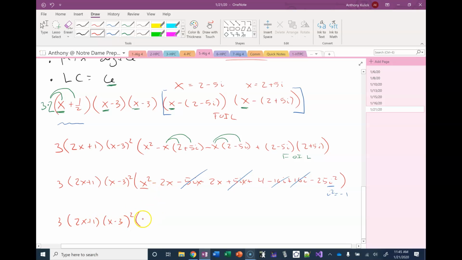So I have an x squared minus 4x, and then I have a 4 minus 25 times negative 1, which would be positive 25.